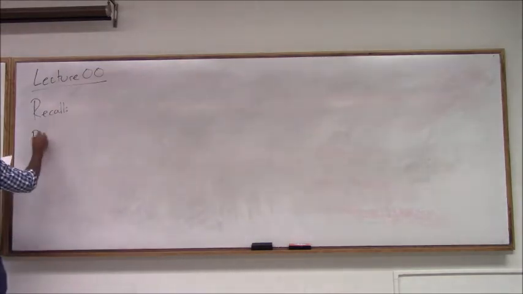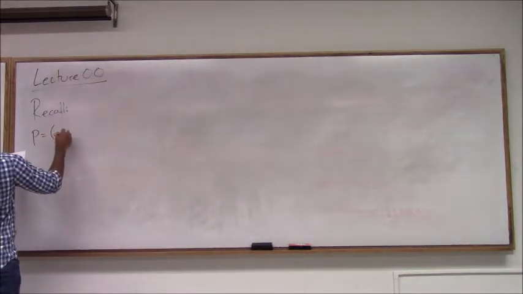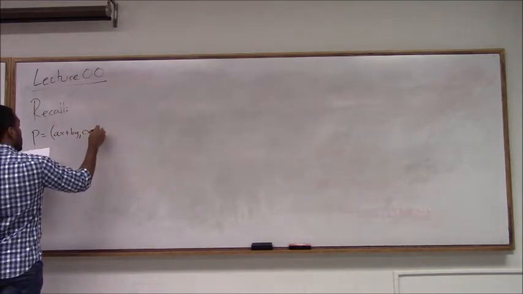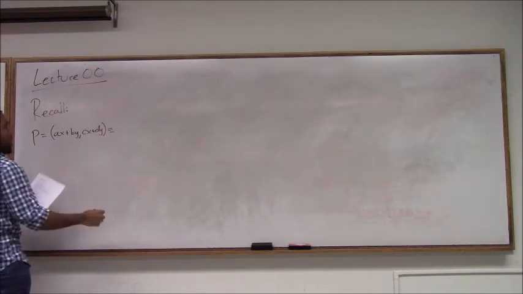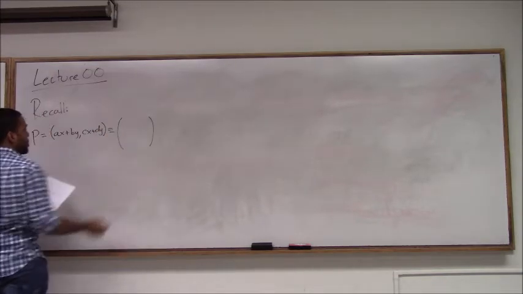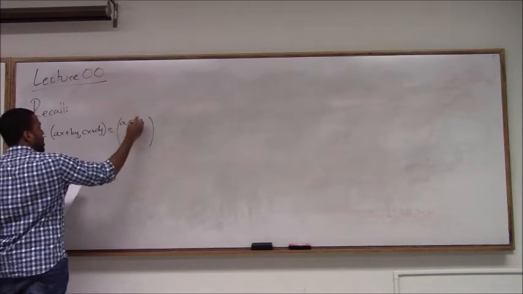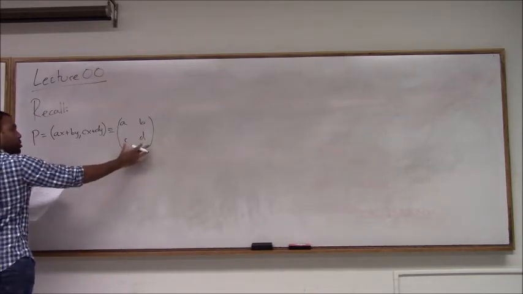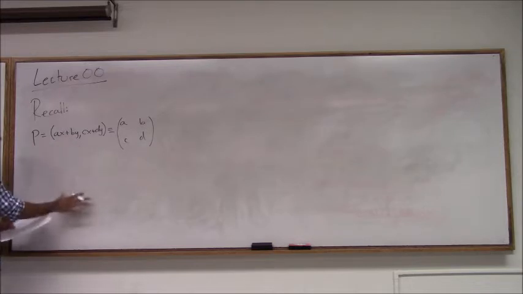So I said P was the function ax plus by, comma, cx plus dy. And I realized that somehow we can use an alternate notation for this, a, b, c, d. We did some things with this and some things with that, and realized that at the end they were equivalent answers, right?